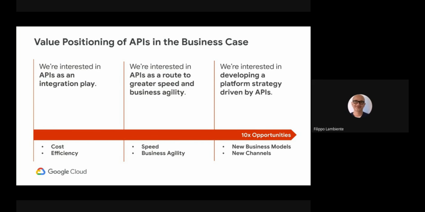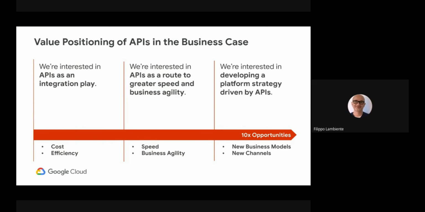So basically, what will be the benefit, why should we adopt Apigee? So this provides some guidelines or inspiration for you to be able to justify the business case that then will give the green light to adopt Apigee inside your organization.